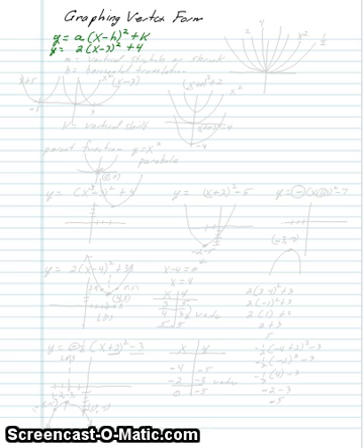The a does a vertical stretch or shrink. So the a, there's the parent function for the quadratic. This is y equals x squared, where a is 1, h is 0, k is 0.